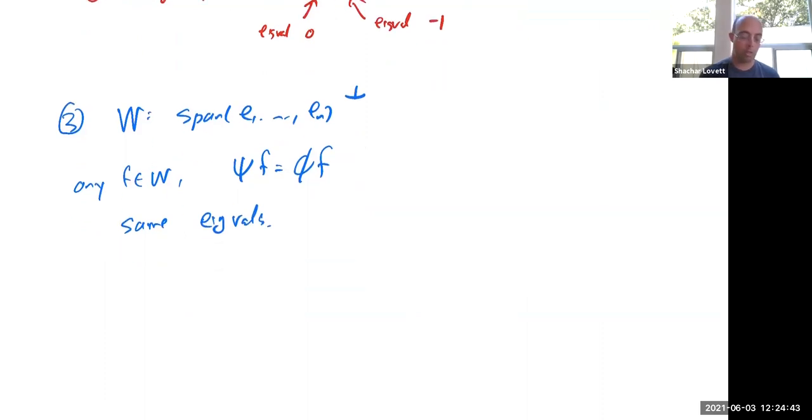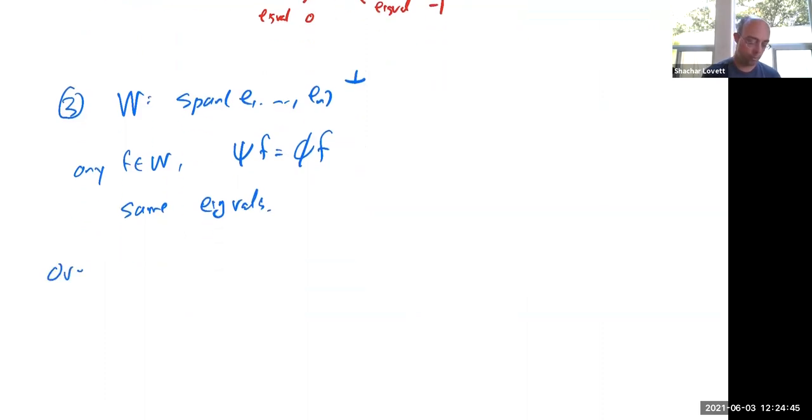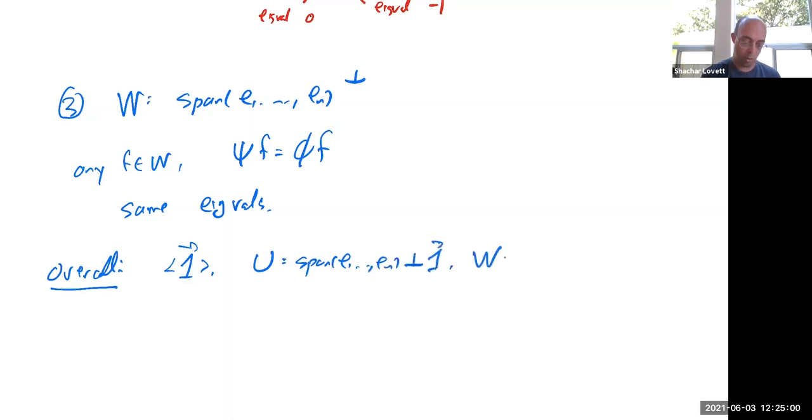So overall, what do we get? Well, let's see what the dimensions are. We have 3 spaces. We have the span of 1, we have U, which was the span of E1 up to En, orthogonal to 1, and we have W, which was everything orthogonal to E1 up to En.